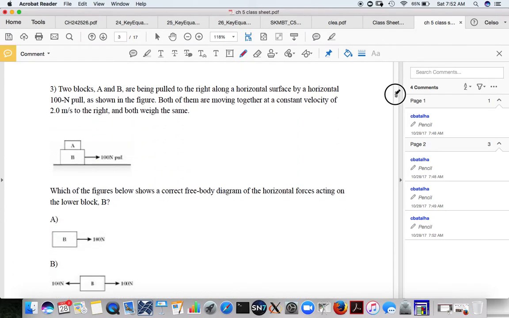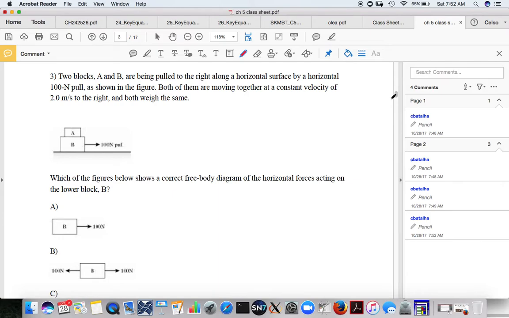And what is this? Two blocks, A and B, are being pulled to the right along a horizontal surface. The same thing, right? Which of the figures below shows the correct free body diagram of the horizontal forces acting on block B? Oh, constant velocity. Okay. Now look at this.